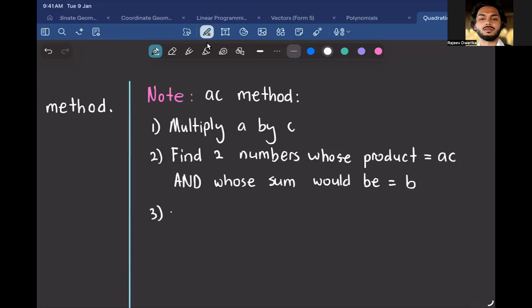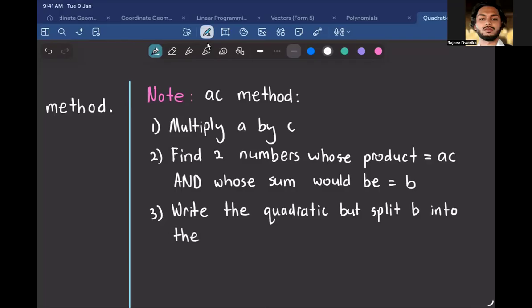Step 3, write the quadratic but split B into the sum of two numbers from step 2, right?